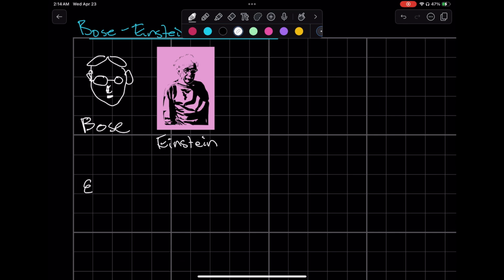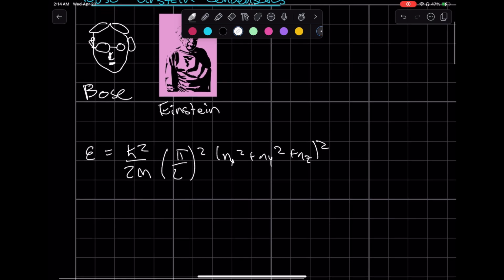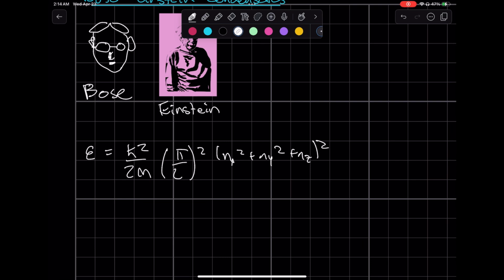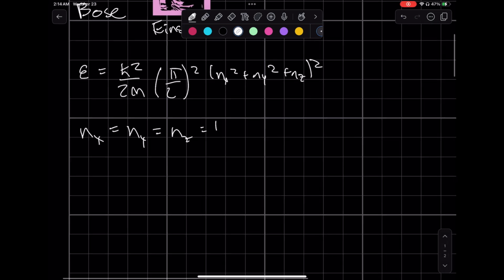It can be given by h bar squared over 2m, pi over L squared, nx squared plus ny squared plus nz squared. Cool. Now, the ground state of this is going to be when nx equals ny equals nz equals 1.